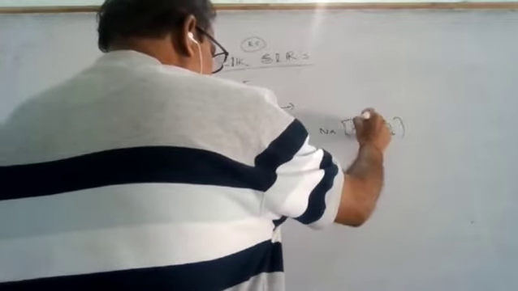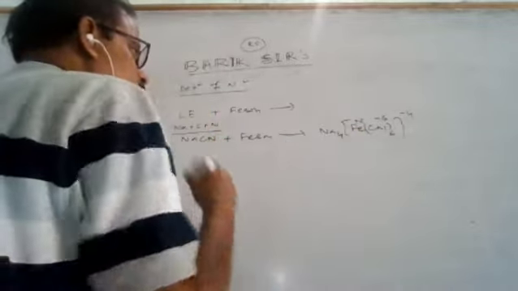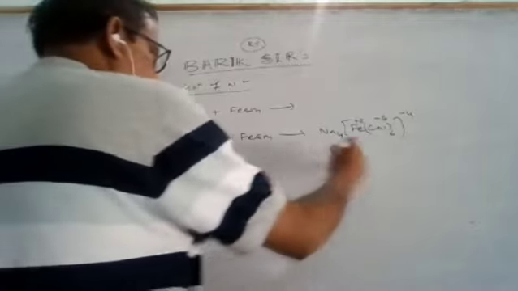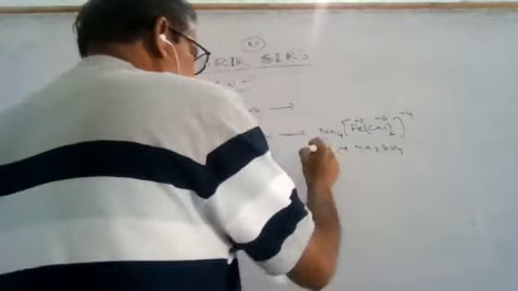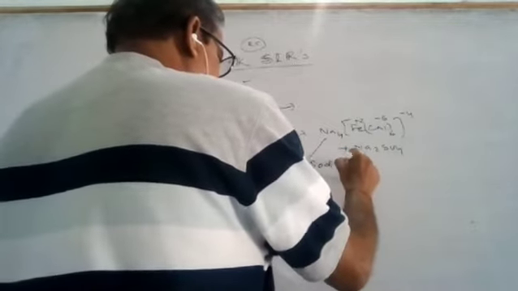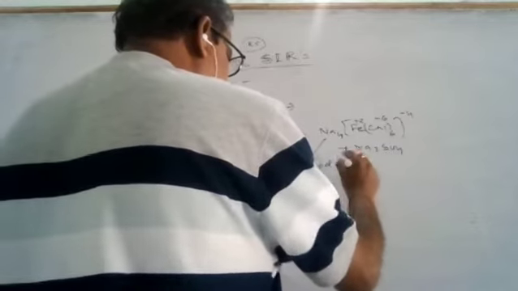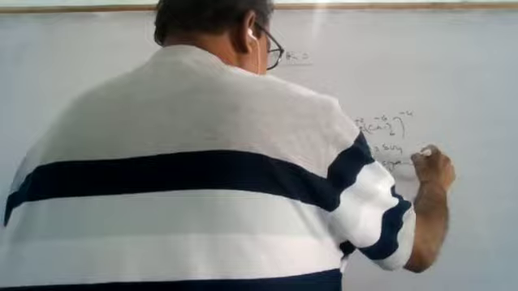So it will be plus 2 and minus 6, heated. This is sodium hexacyanoferrate, and it is also converted to sodium sulfate. That is sodium hexacyanoferrate, or we can write sodium ferrocyanide. This is the compound.